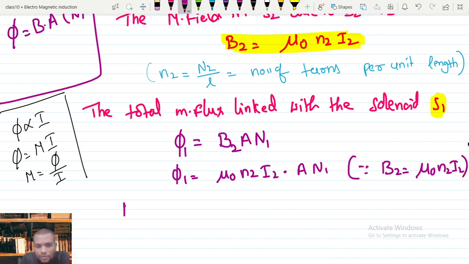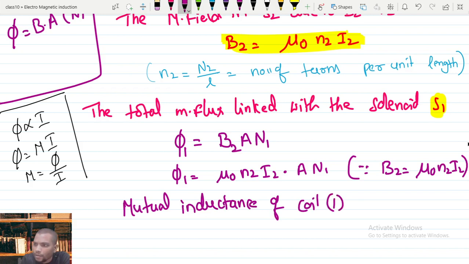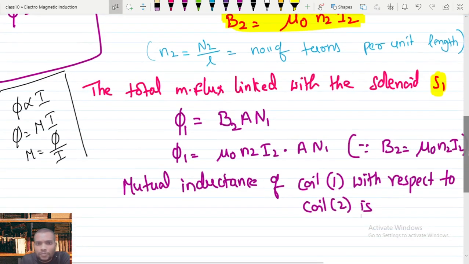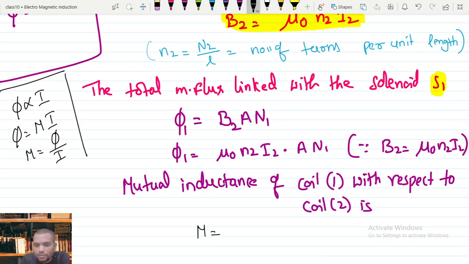Therefore, if you write the mutual inductance of coil 1 with respect to coil 2, I can write the mutual inductance formula: capital M equals phi upon I2.